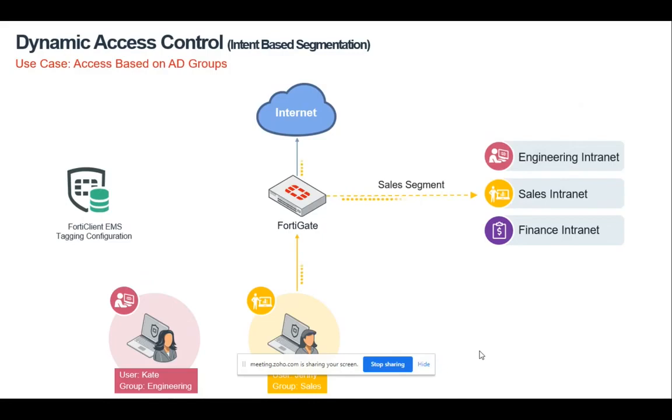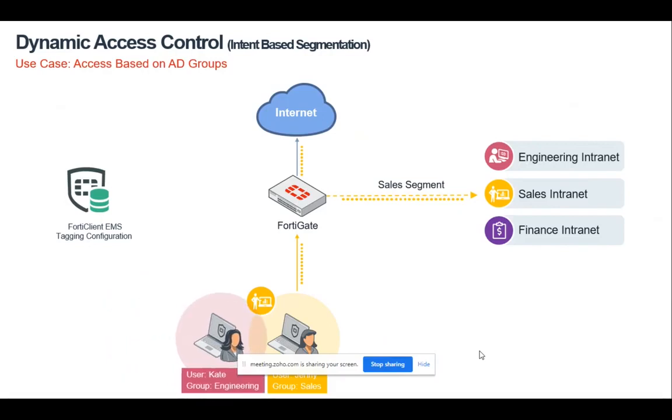So another example, we see that here Jenny, who is in the sales group, has access to the sales subnet. And Kate, in the engineering group, would only have access to the engineering subnet and not the sales subnet. But when Kate is transferred to the sales department, she moves into the sales group in Active Directory.